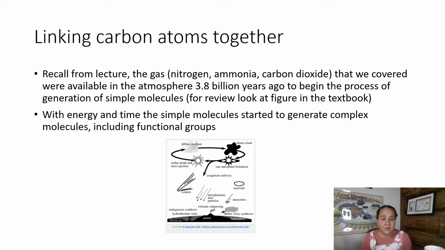And this was something that occurred because with energy and time, the simple molecules started to generate more complex organic molecules, and those included the functional groups. I've included here an image of some of the energy processes that might have helped generate those simple molecules in Earth's atmosphere, and there's a link to where this image came from.